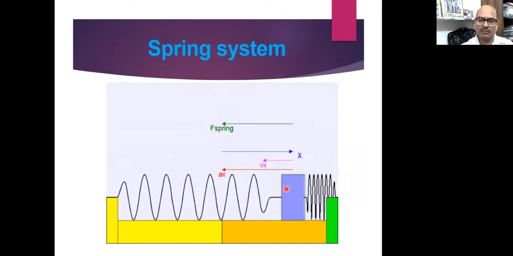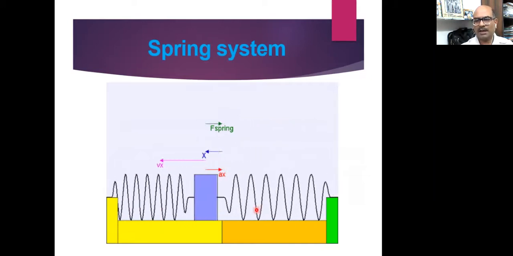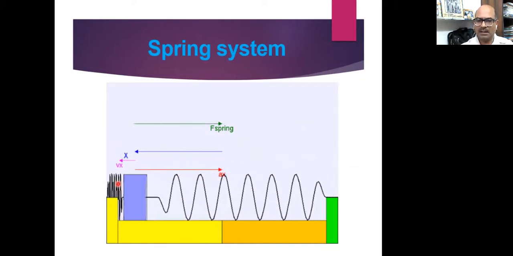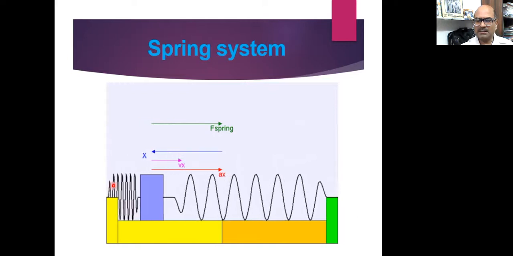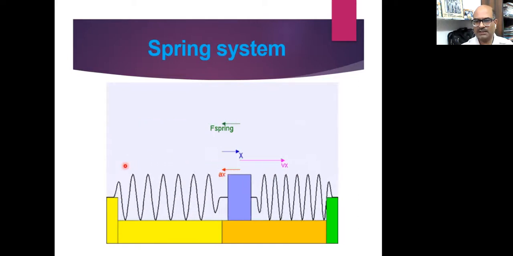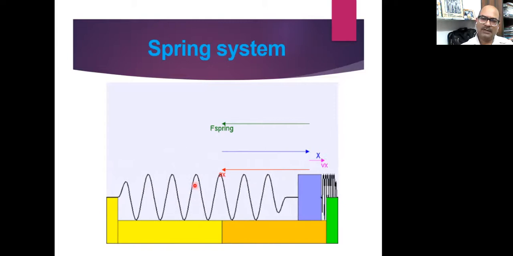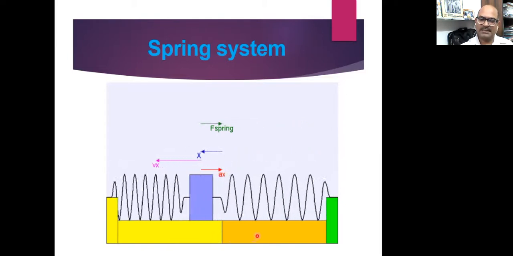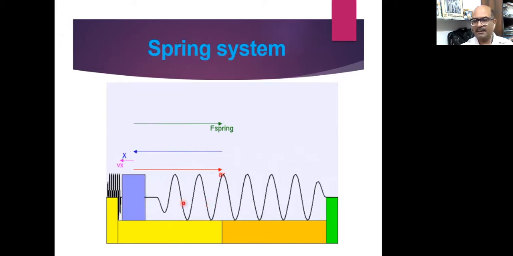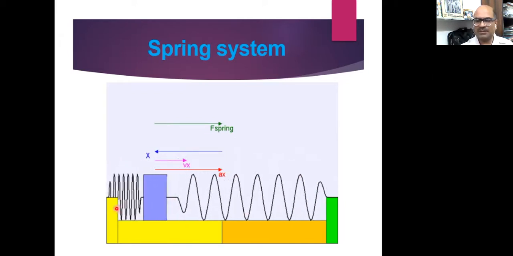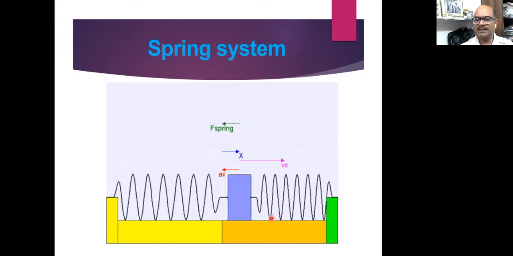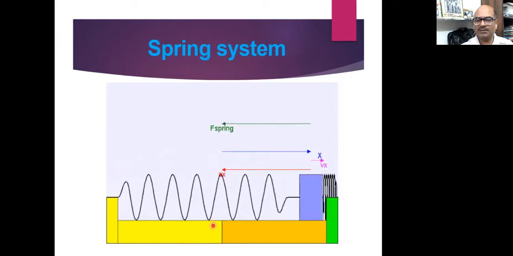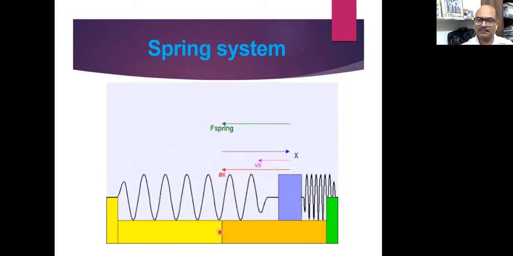One is working to bring the block back to this position, and the compressed spring is making a force in this direction. That way the motion of this block takes place here and there, a to and fro motion like that. And again it returns to the mean position after some period of time.